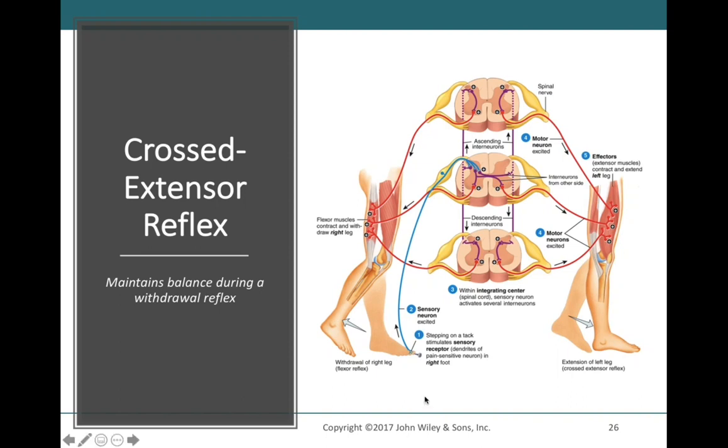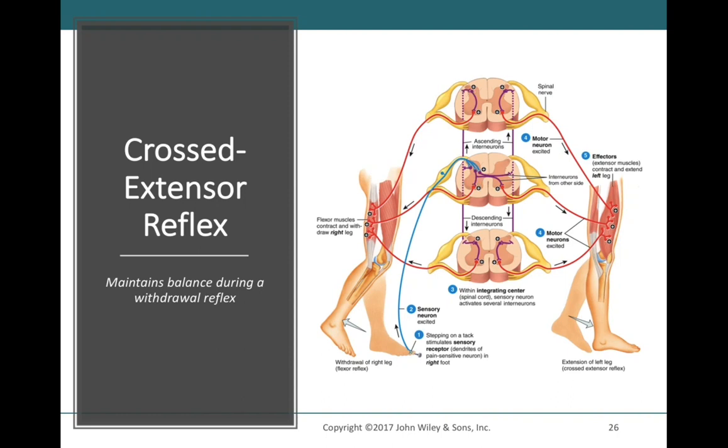So all of these actions occur from stepping on a tack and getting that information from sensory receptors to a sensory neuron and bringing that information up to interneurons that will either go ipsilaterally or contralaterally. You can see that these excitatory interneurons are going to travel contralaterally to the other side of the spinal cord, and these excitatory interneurons are going to stay ipsilateral.